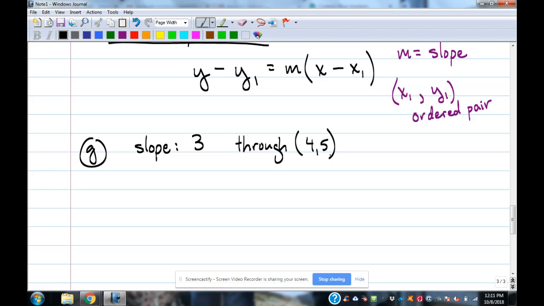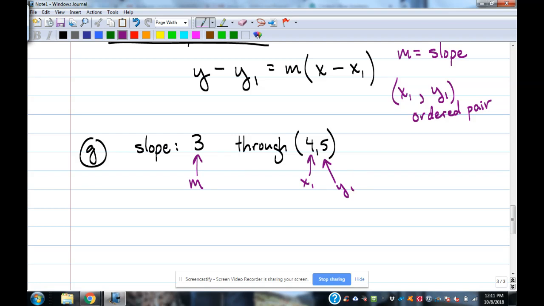So in this case, we've got the slope, but we don't have the y-intercept. If we've got the slope and we don't have the y-intercept, we want to start with point-slope form. So we've got m, and we've got x1 and y1. That's what you need to know about that ordered pair. This is m, but this is x1, and that 5 is y1.